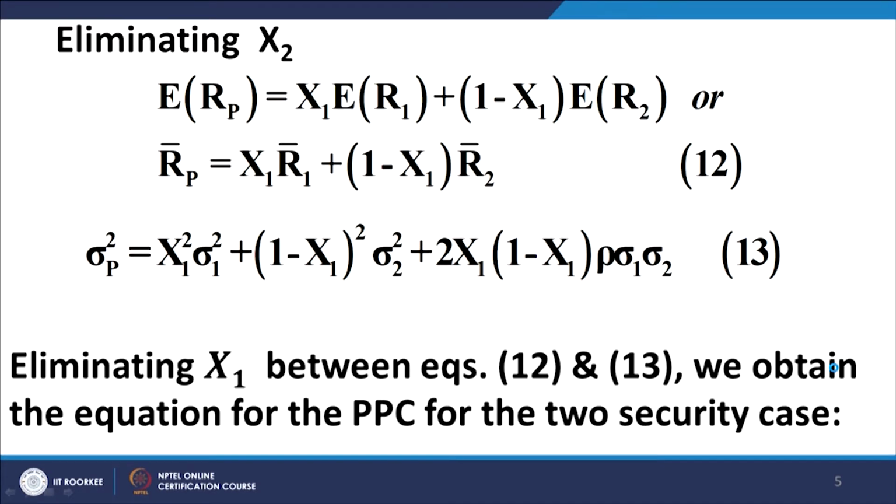So, we can eliminate both x 1 and x 2, and we get the equation of a curve as a functional relationship between the standard deviation of the portfolio, which is represented by x, and the expected return of the portfolio, which is represented by y, given in equation number 14 here on this slide.